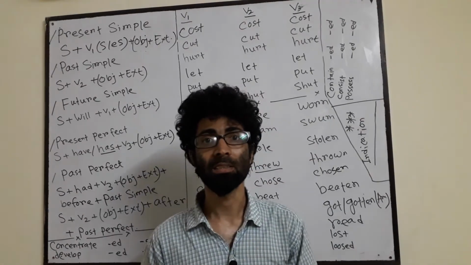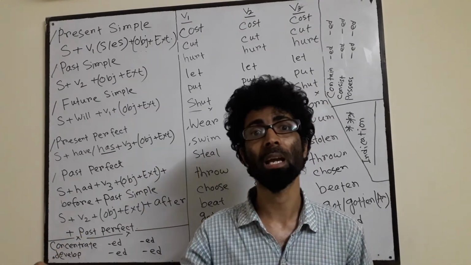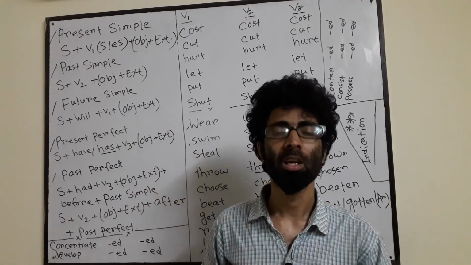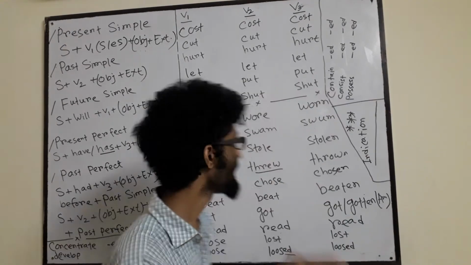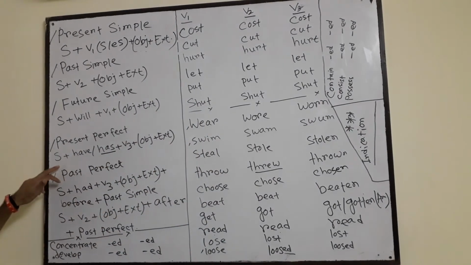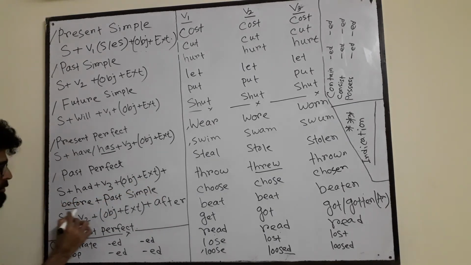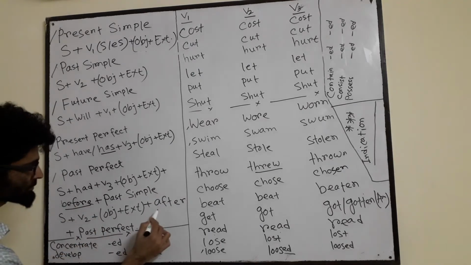But when we see something happened before something else happened, that time we have to use past perfect tense. See the example, see the structure. Subject, then had, then V3, in brackets object or extension. Then see, there will be some uses of before and after.